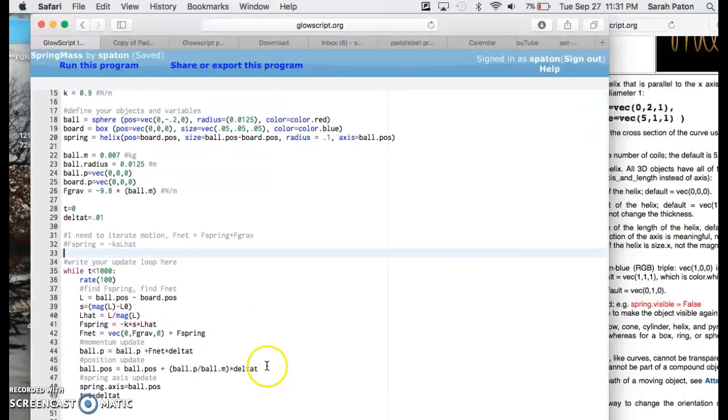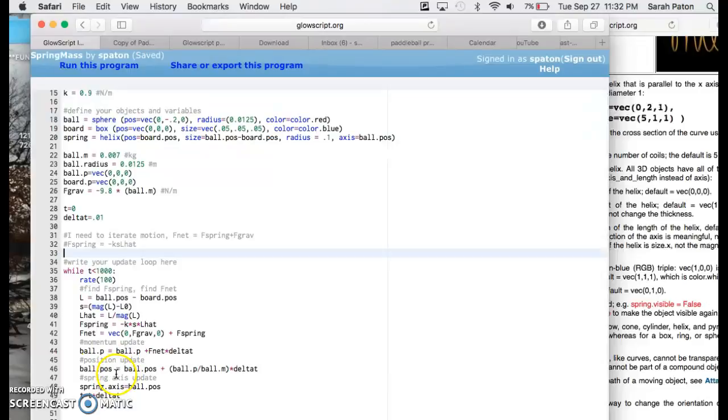Anyway, then I moved on to my momentum update. My momentum update line: the ball's momentum is assigned to the ball's previous momentum plus F net times delta t. So p_i plus the impulse. My position update is also here.